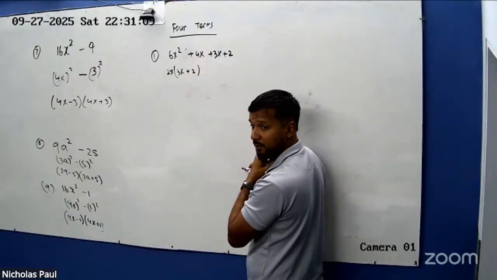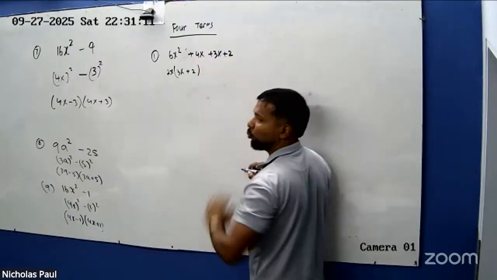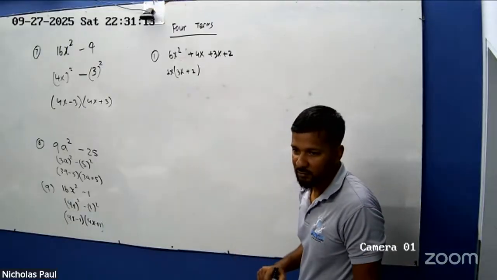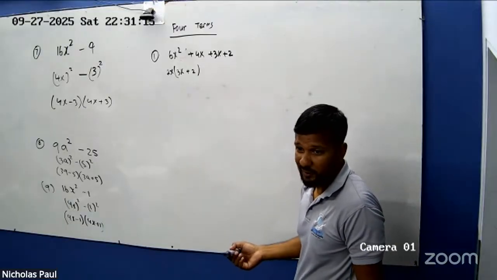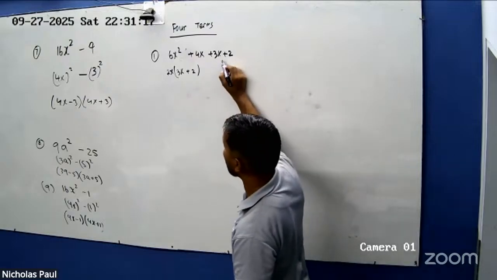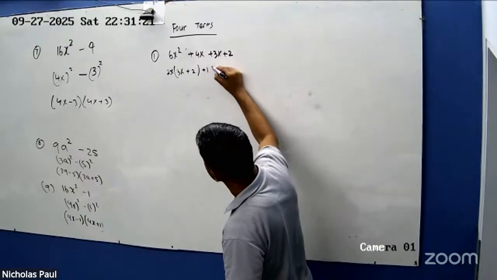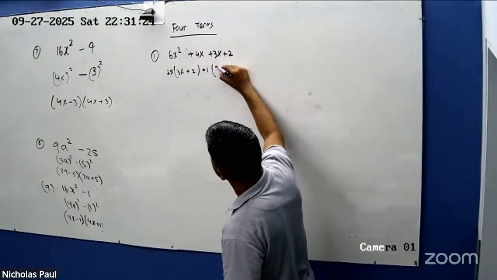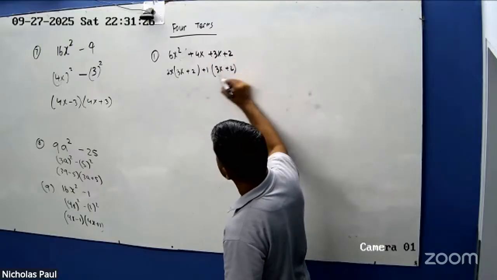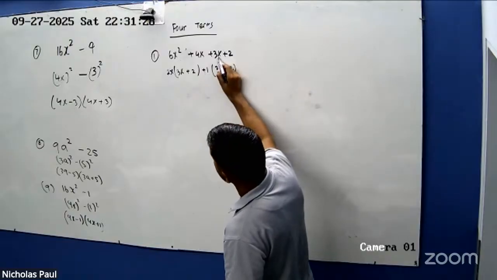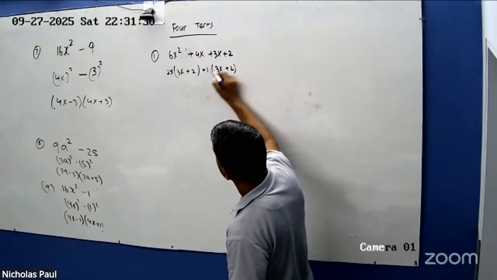That's okay? Now if I look at these two, what do they have in common? 1, right? Because they have no other value in common besides 1. So if I factor out plus 1, I'll be left with 3x plus 2. Let's make sure: plus 1 into 3x is 3x, plus 1 into 2 is 2.